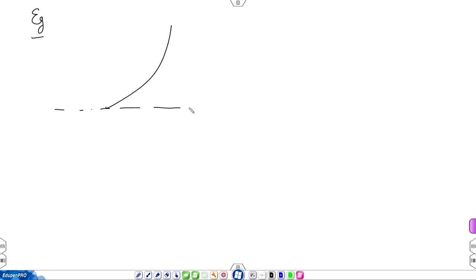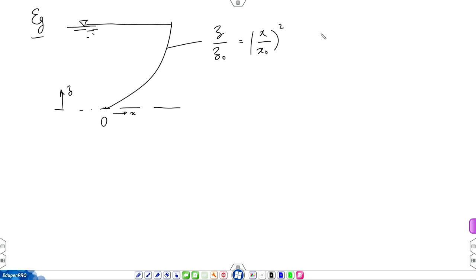So, we have ground and we have water. The shape of the parabola, with its origin over there, is z over z_0 equals x over x_0 whole square, where z_0 is 7 meters, x_0 is 3 meters.